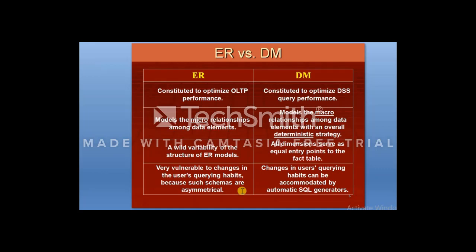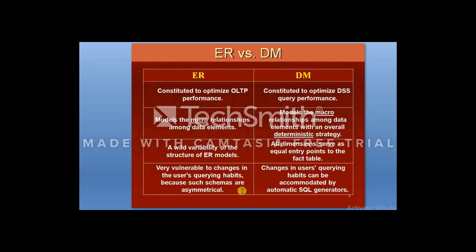So the ER model tries to create an entity for each noun. It creates one entity for country, another for district, another for division, another for city, another for zone, another for store. So there are multiple entities inside ER models, with relationships between them.